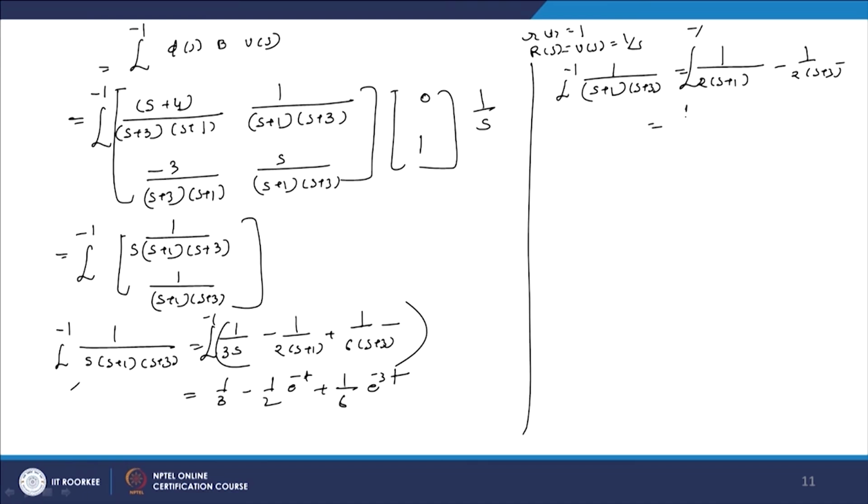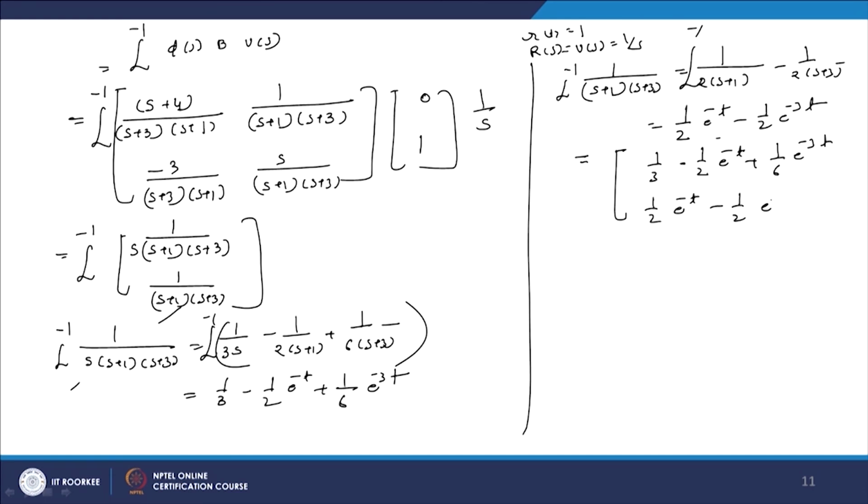So, we can get this equation as 1 by 2 e raised to minus t minus 1 by 2 e raised to minus 3t, and therefore the final equation becomes 1 by 3 minus 1 by 2 e raised to minus t plus 1 by 6 e raised to minus 3t, and for this portion we got 1 by 2 e raised to minus t minus 1 by 2 e raised to minus 3t.